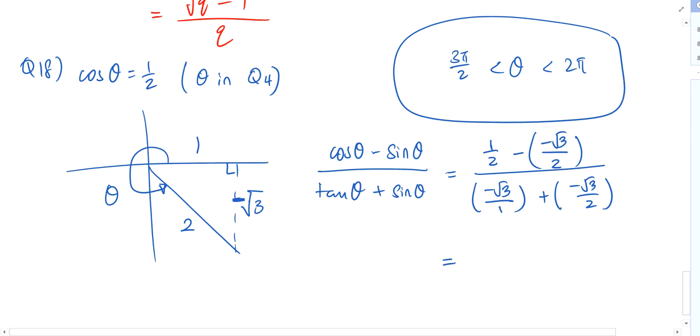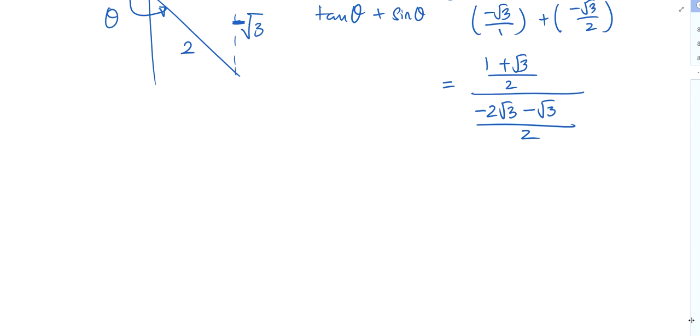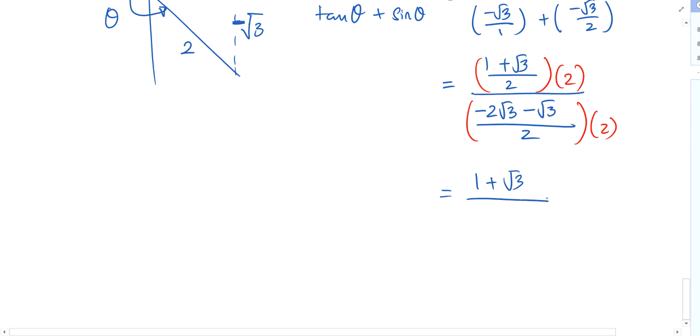Let's evaluate. Half plus root 3 over 2, so 1 plus root 3 over 2 in the numerator. Denominator. Got a negative root 3 over 1. So make that the same denominator. Negative 2 root 3 minus root 3 over 2. Times 2 in both the numerator and the denominator. Leaving us with 1 plus root 3 over negative 3 root 3.